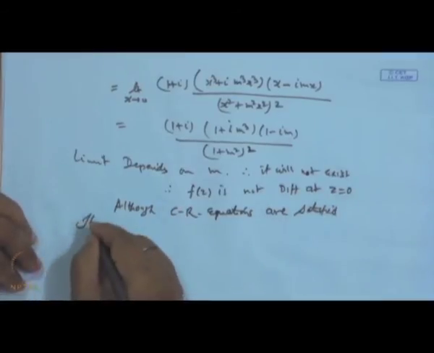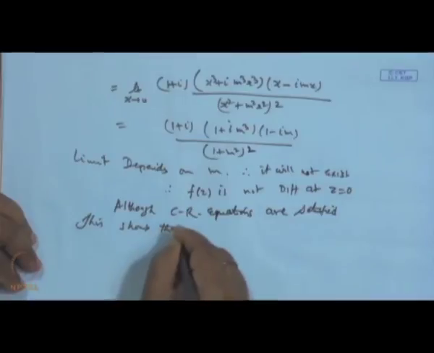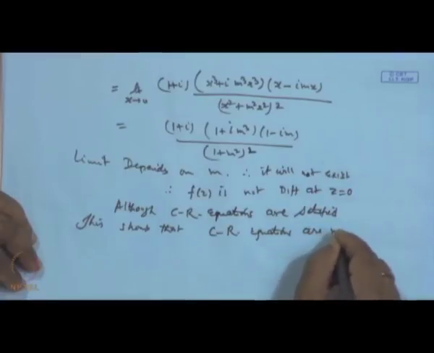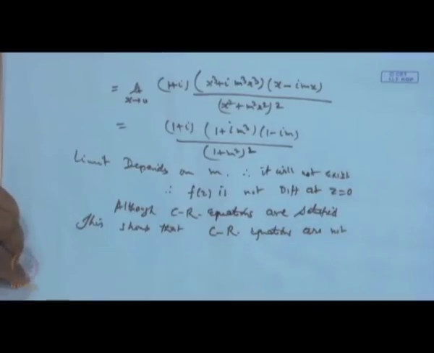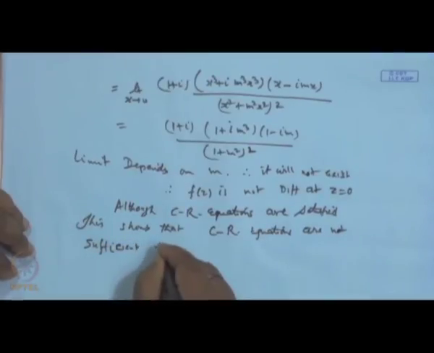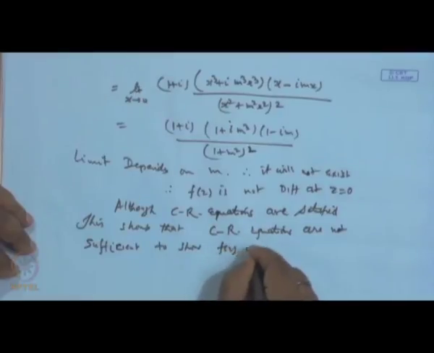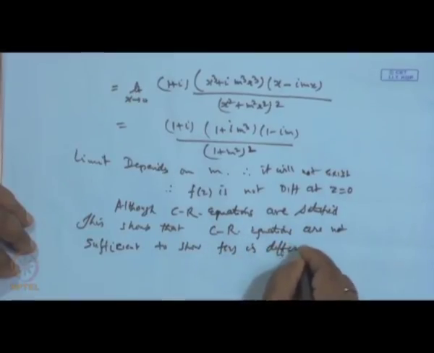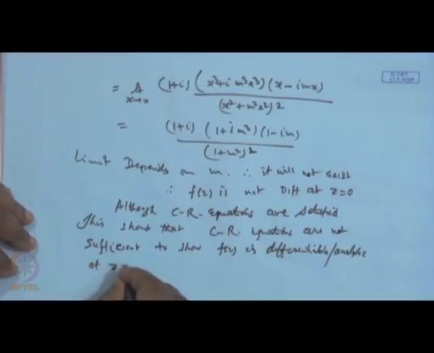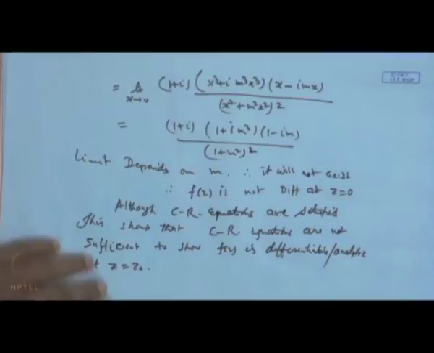So, this shows that CR's equations are not sufficient conditions, are not enough to show the function f(z) is differentiable or analytic at the point z equal to z naught also. Clear?